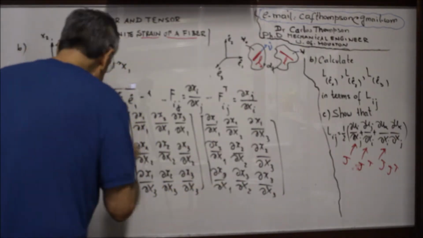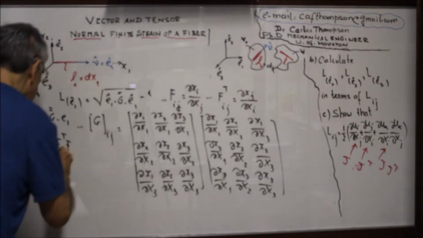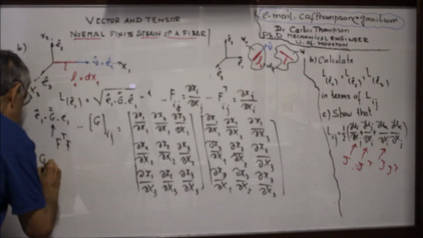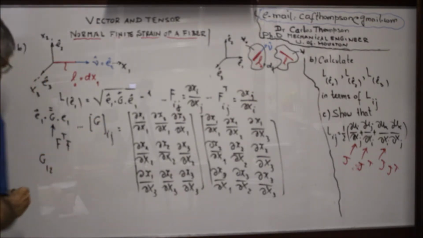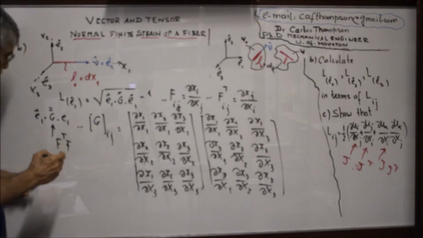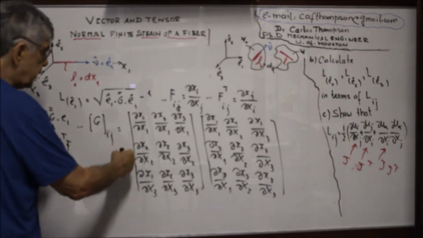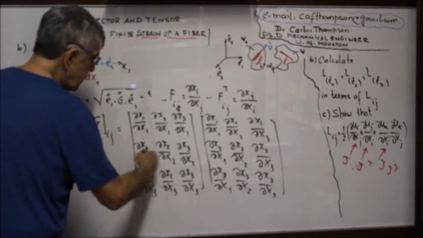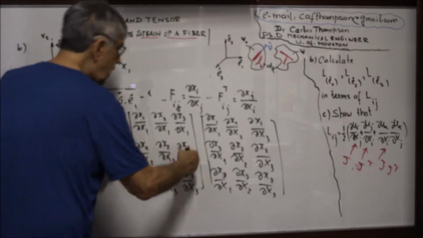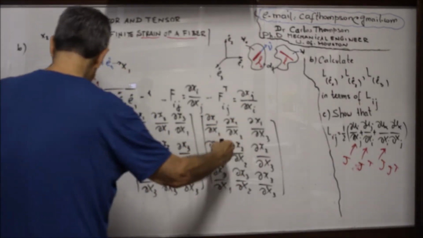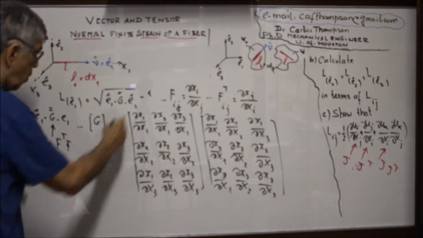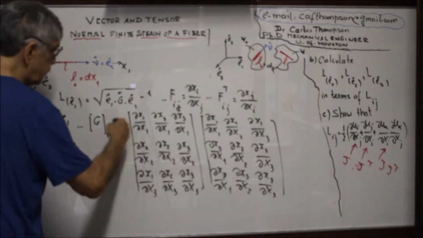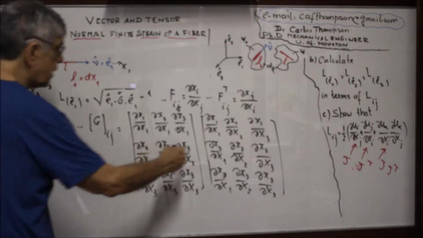You can see clearly, for instance, G12. This will be the first row times the second column.